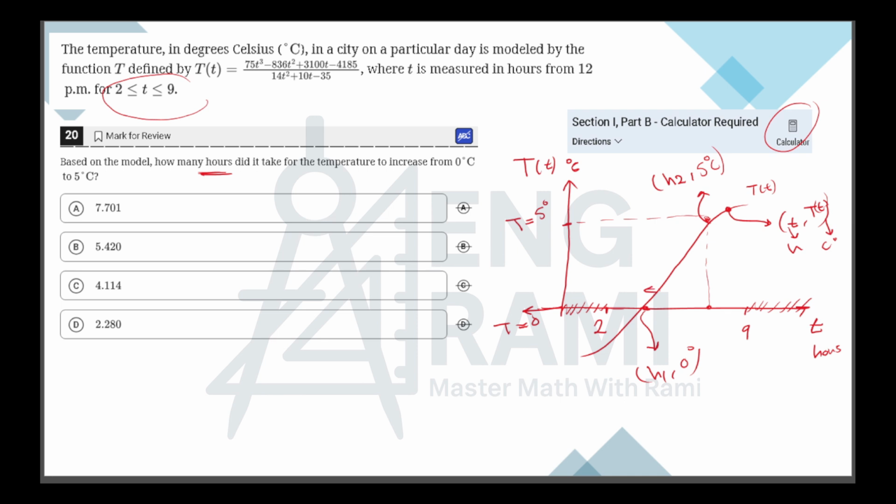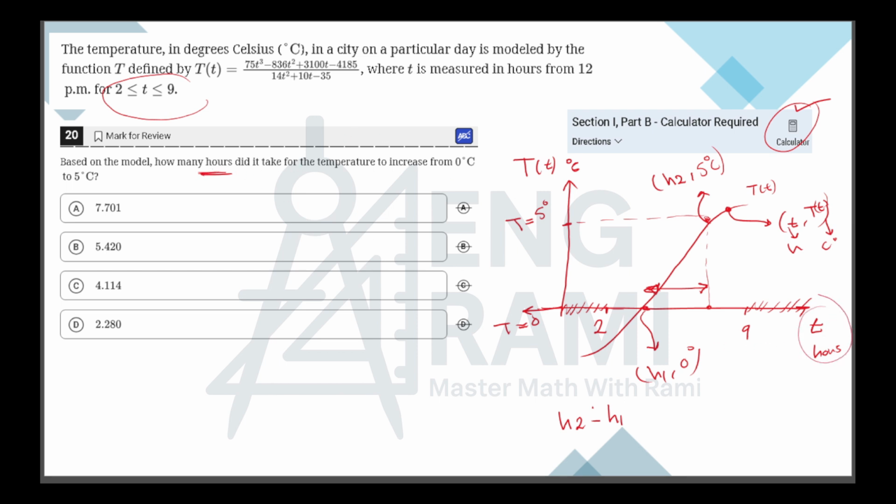So we are talking about hours. We have to draw this graph on Desmos because the calculator is required. Find those 2 points and compute h2 negative h1 on the x-axis, because he is asking us about hours.